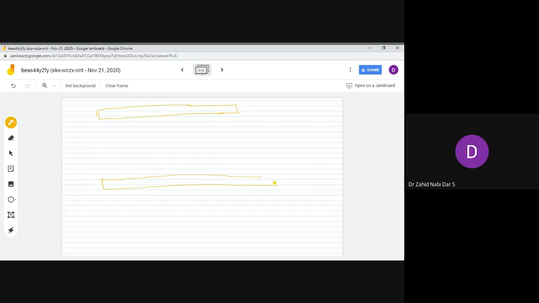It is very difficult to draw over here. Again, one side is entering, the other side it is leaving.